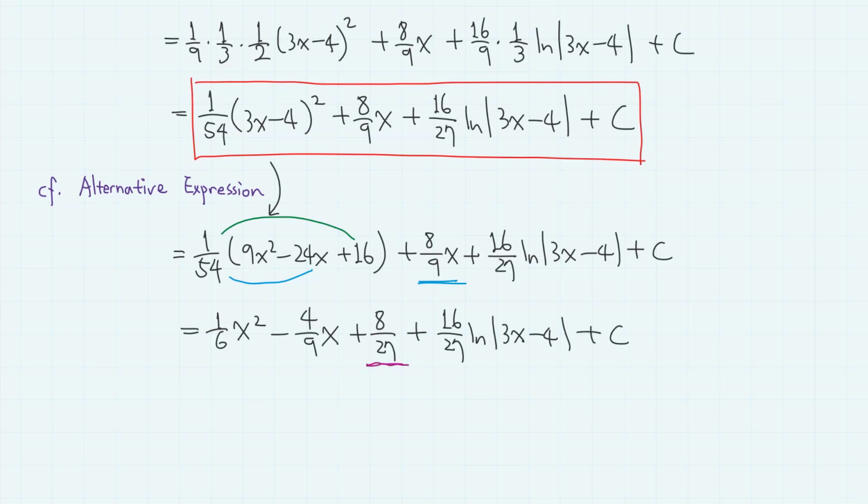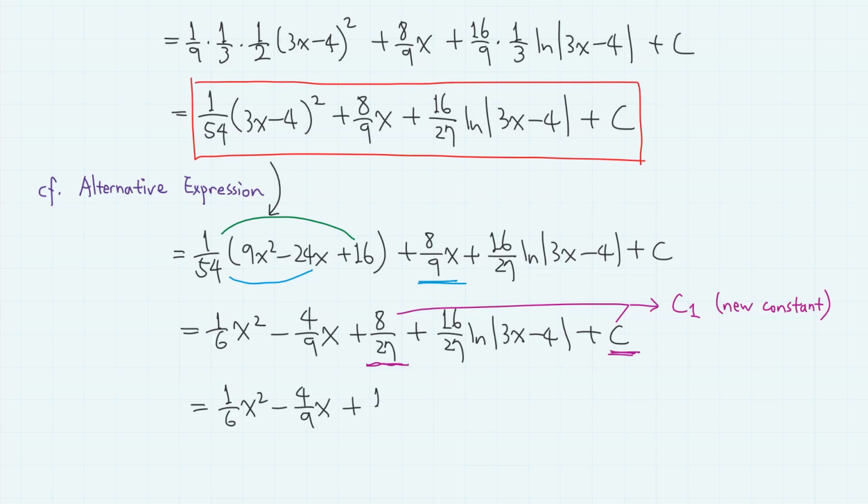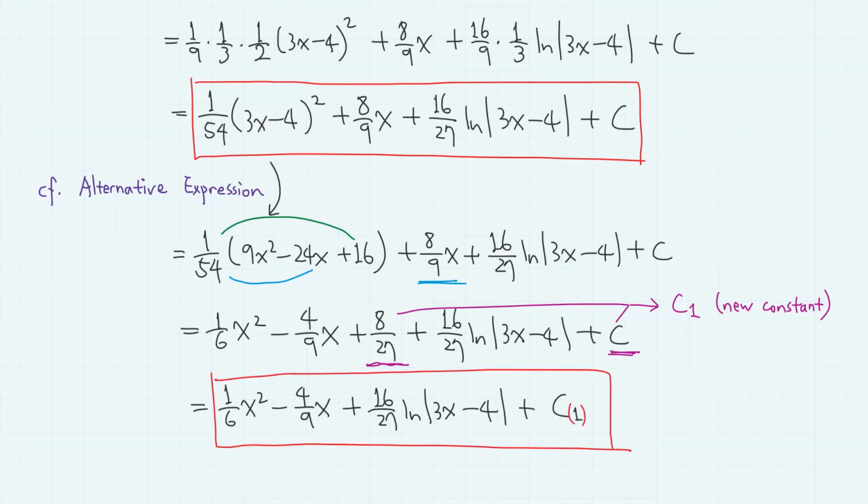Here, this constant term 8 over 27 can be combined with this constant c to give new constant of integration c1. So we can write 1 over 6x squared minus 4 over 9x plus logarithm term 16 over 27 ln absolute value of 3x minus 4, then plus constant c1. But we don't actually need this subscript 1 here, since the constant c in the indefinite integral generally refers to all constant values, so we can just write this plus c.